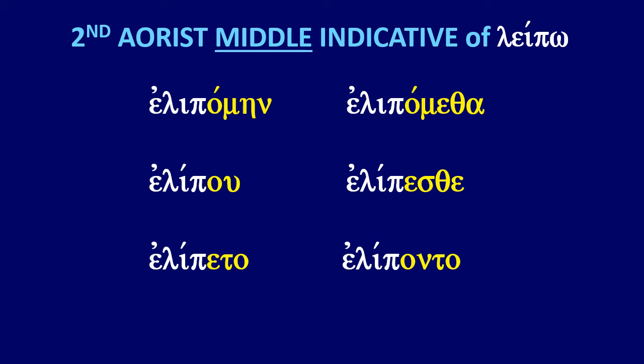It's going to be elipomen, which in the middle voice means I left for myself, or elipou, you left for yourself, elipeto, he, she, or it left for himself, herself, itself, or elipometha, we left for ourselves, elipesthe, you left for yourselves, elipanto, they left for themselves.